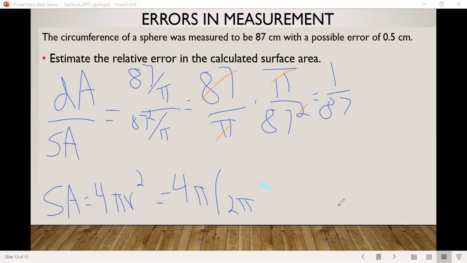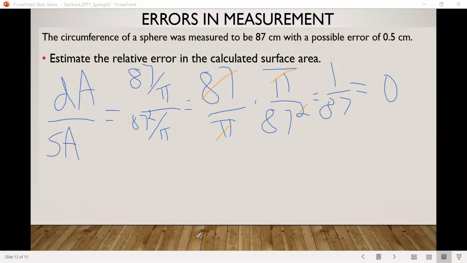Okay, and from that we can get a decimal. So we can plug 1 over 87 into our calculator and get 0.0115.